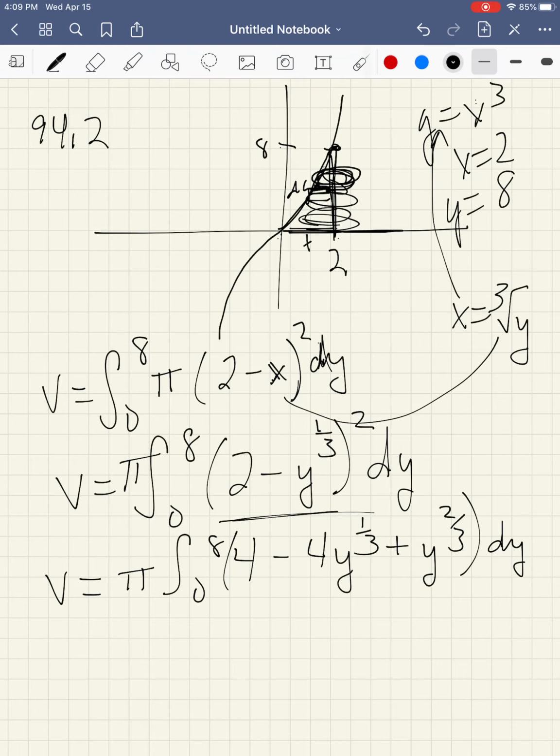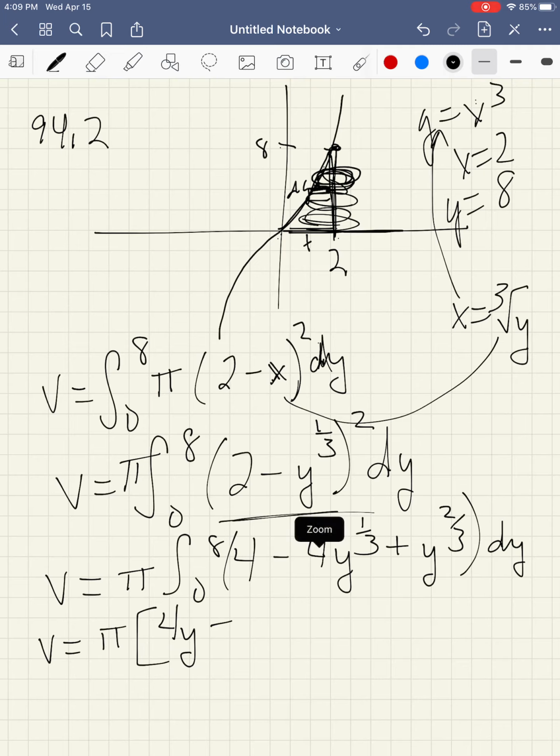Okay, now then, integrate that. So it'll be pi times 4y minus, let's see, the 1/3 plus 1 would be 4/3 over 4/3.